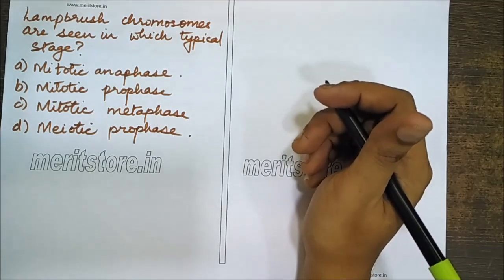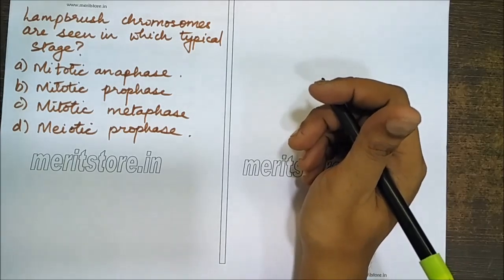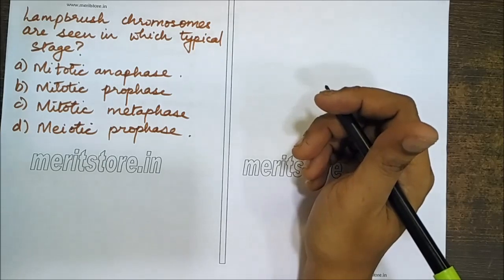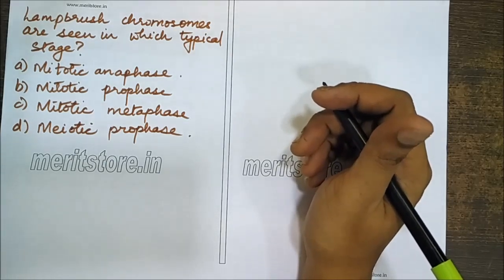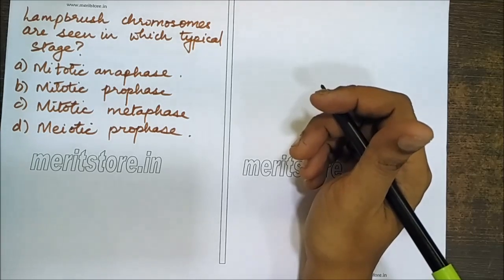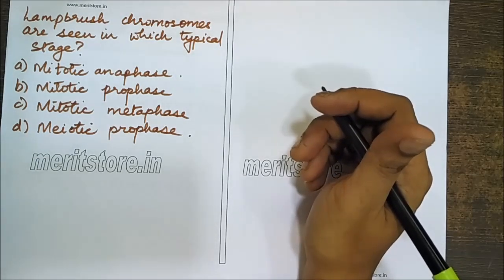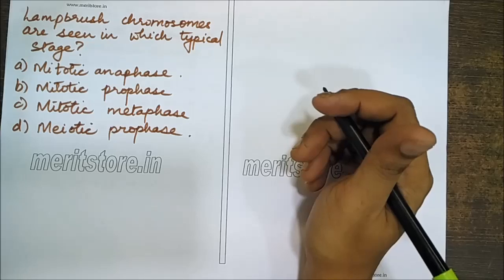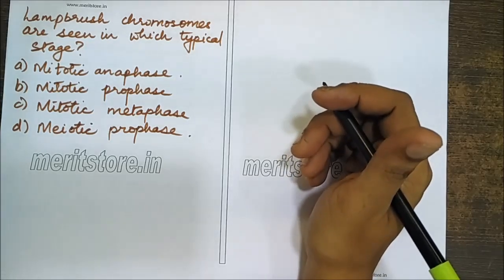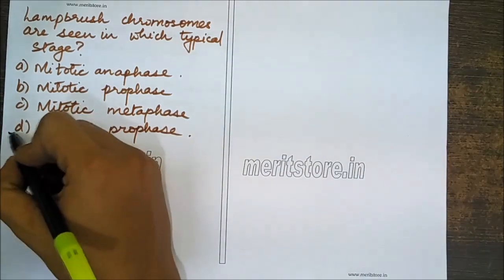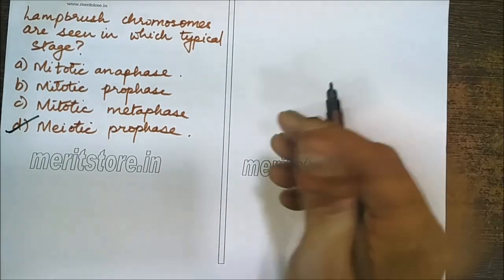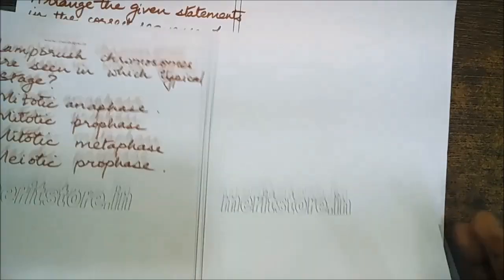The chromomeres give out lateral projections or loops which provide a test tube brush or lampbrush like appearance, which is further used in transcription. The lateral loops are used in the transcription of DNA and mRNA. Hence, the correct option is D, meiotic phase. Next question.